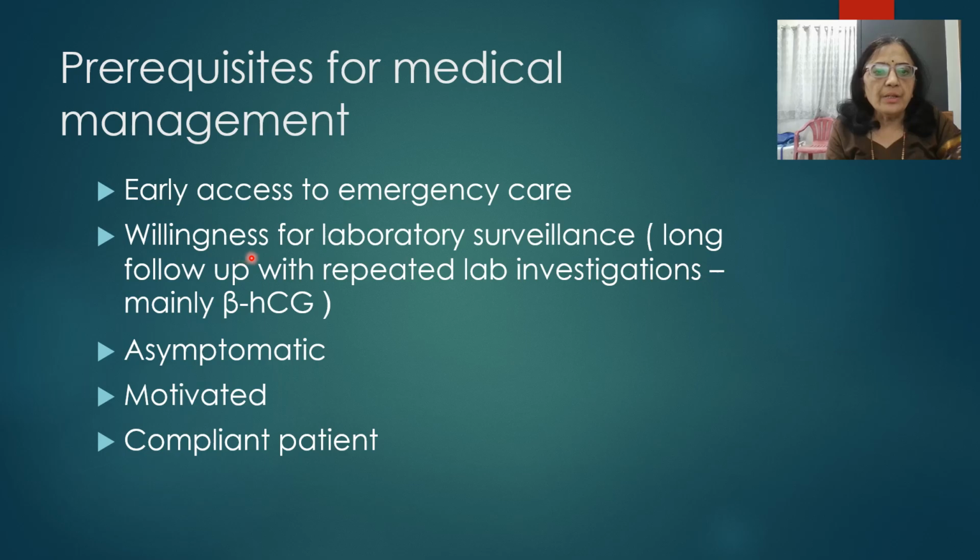The patient should be willing. Long follow-up might be needed with repeated lab investigations, mainly beta HCG, which has to be repeated many times whenever we are giving medical management. The patient should be asymptomatic, motivated and compliant.